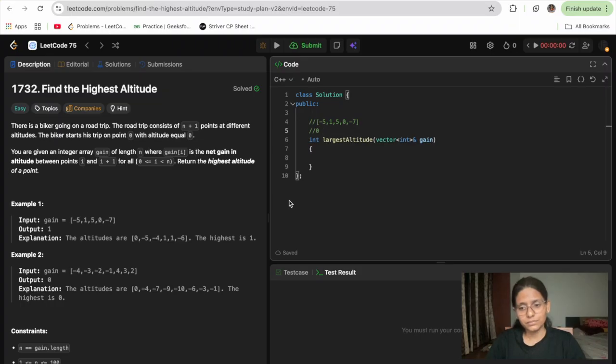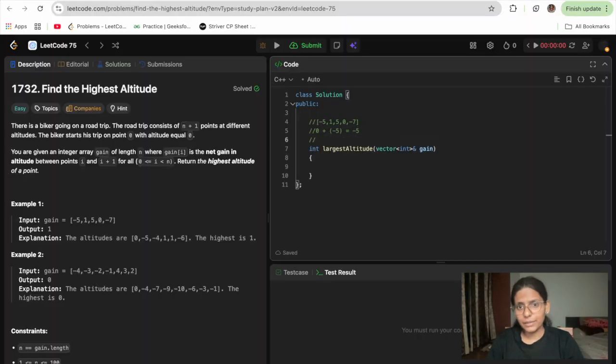This is my ground level, and if I'm going down, they give it as minus, like I traveled 5 less height from the ground level. So I am at -5 level.